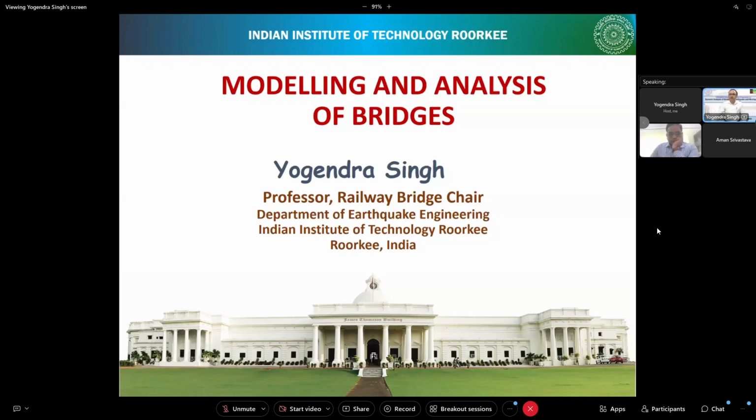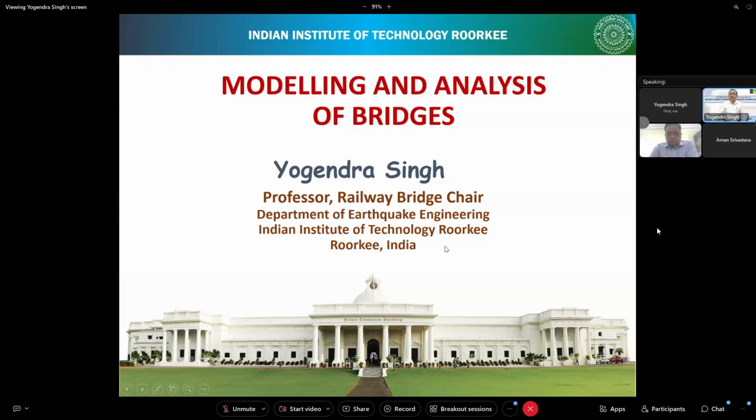There is also a third action which can set vibrations to our bridges, especially when the bridges are flexible, like cable stayed bridges, or very tall bridges. That is due to wind. Wind can induce aerodynamic effects, and the structure is set to vibration. If the frequency of the structure matches the frequency of the vibrations caused by the wind, then the effect can be devastating.